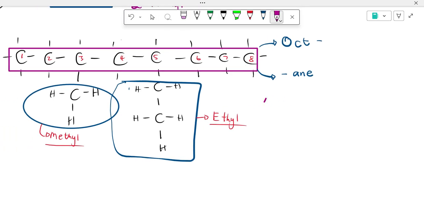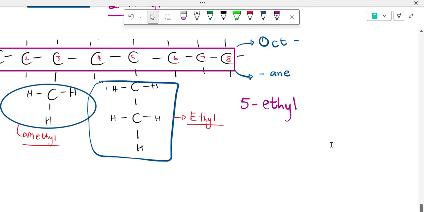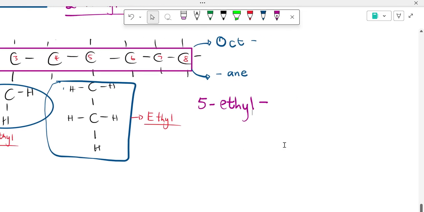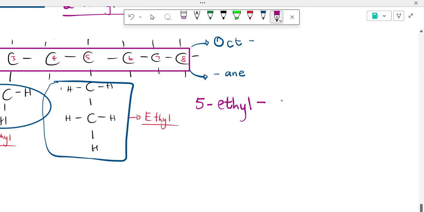So that should be 5 dash ethyl. Notice how I'm using dashes to separate words from numbers. And then I'm going to include another dash because I'm going to have another number. So it's 5 dash ethyl dash. Where's my methyl? On carbon number 3. So it's 5 dash ethyl dash 3 dash methyl.